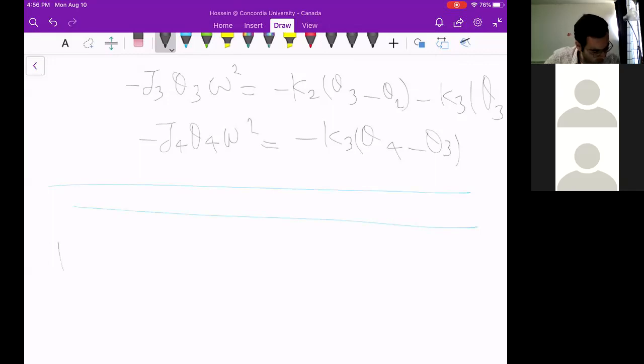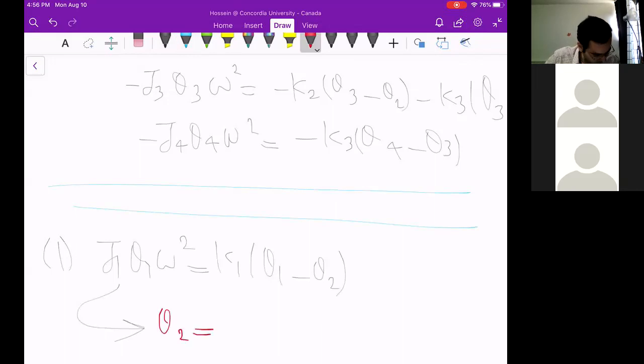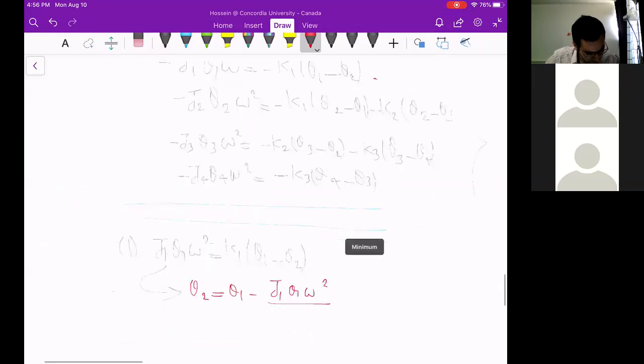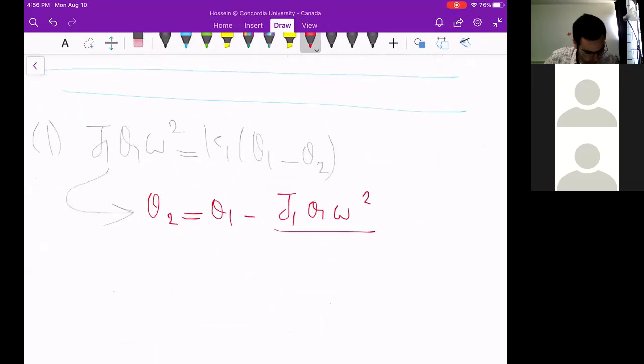Here, equation 1: J1 theta 1 omega squared is equal to K1 theta 1 minus theta 2. So here I can say theta 2 is theta 1 minus J1 theta 1 omega squared over K1. You assume omega, theta 1 is 1, J1 is given, K1 is given.